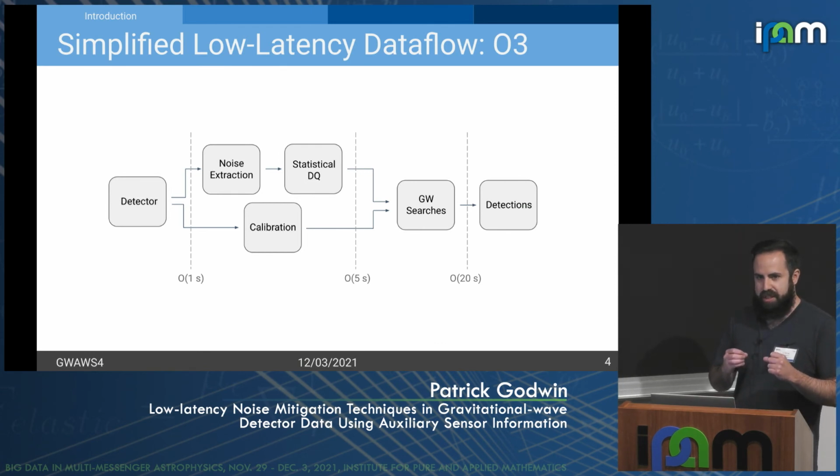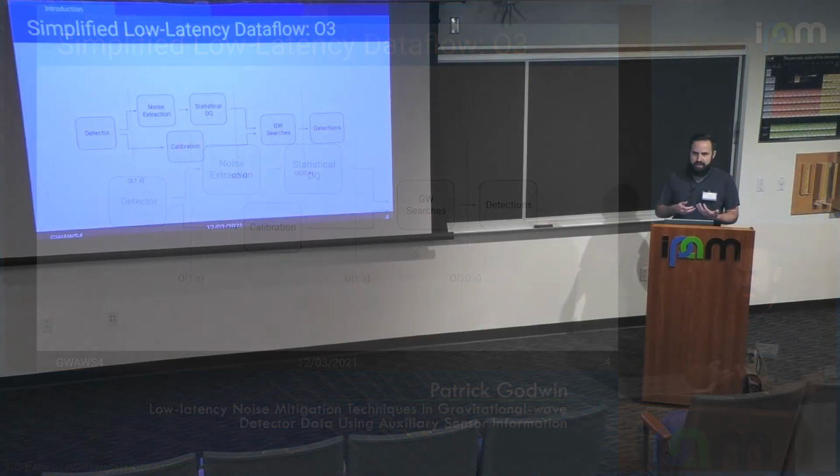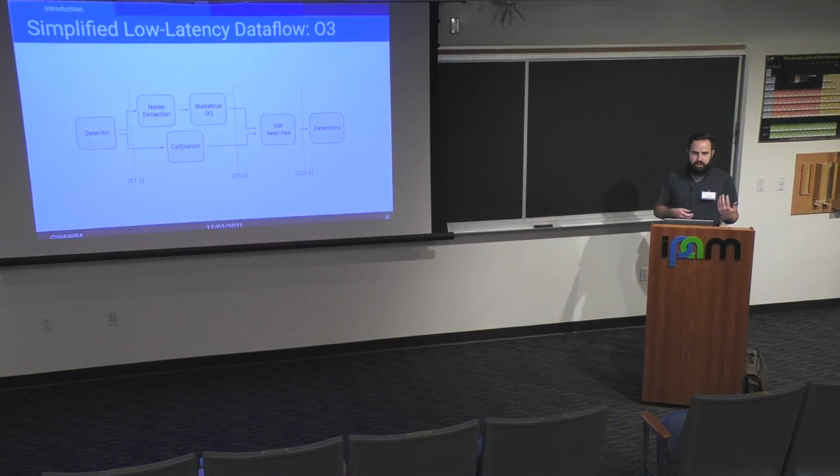Then there's basically several parallel paths going down, doing various processing. So I'll focus on the bottom branch first. The detector itself creates a channel which you can interpret as the gravitational wave strain already.